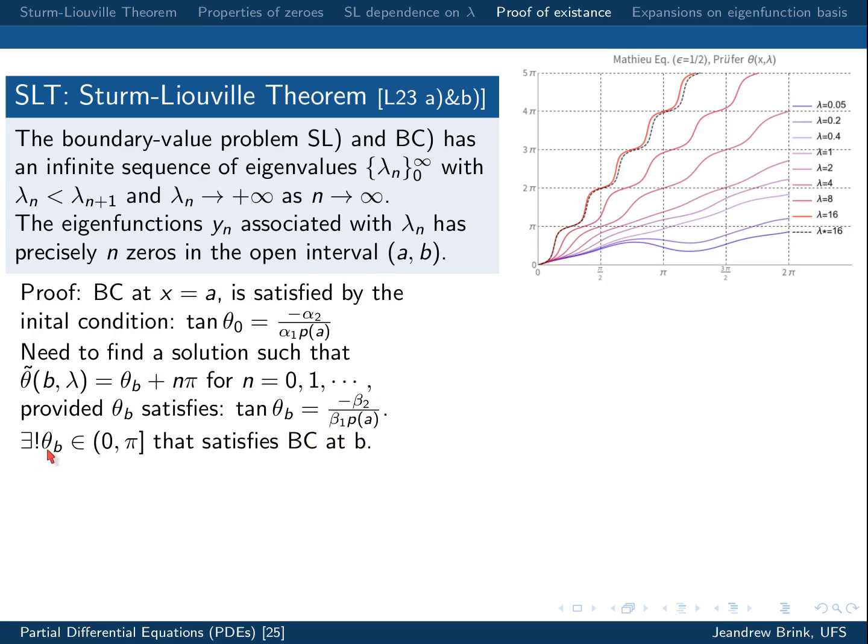Okay, so we know theta b exists, and the question becomes, can you find lambda so that once you've solved theta tilde over this whole domain, given the initial condition at a, for a particular lambda, theta is actually equal to theta b. So suppose the theta b you chose was there, then the lambda that gave it to you would be lambda equals 0.05.